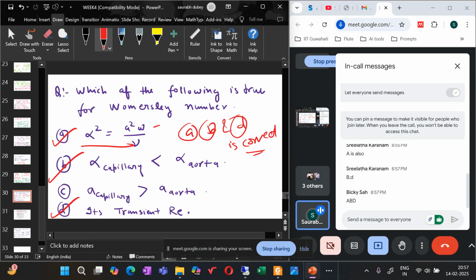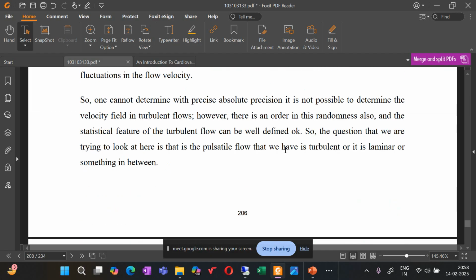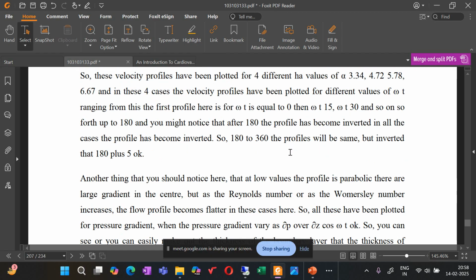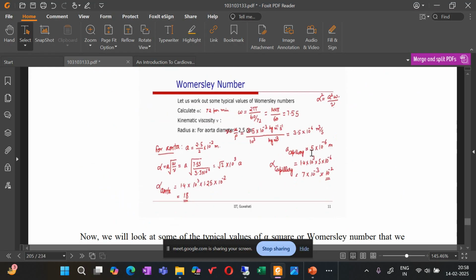So you remember this alpha? Alpha is what? Alpha is a times the square root of omega by nu, right? Nu is what? Mu by rho. Based on that, there was one discussion in the class where you were told that these numbers are very important. Let me show that in the lecture where this comparison has been made, in a bit bigger size.